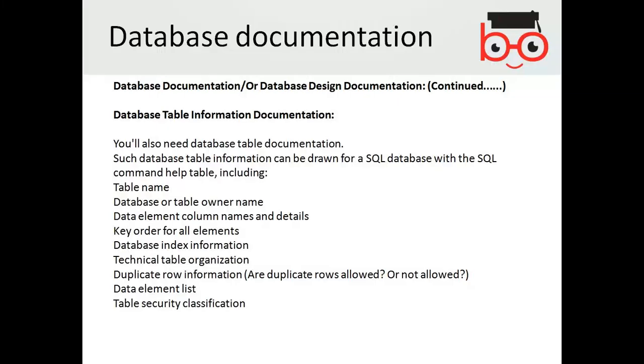For example, a table name can be part of the database documentation. This is a kind of superficial documentation: the database table owner name, the data element, column names and details, key order for all elements, database index information, technical table organization, duplicate rows, data element list, and table security classifications.